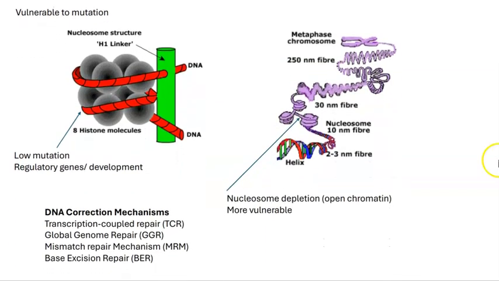Looking at DNA, what we find is that there are particular regions of DNA which are more susceptible than others to mutation. These regions tend to be between the nucleosomes. So the open chromatin between the nucleosomes tends to be more susceptible to mutation, whilst the genes curling around the histones are tightly held to the histones, restricting the effects of mutagens in those areas.